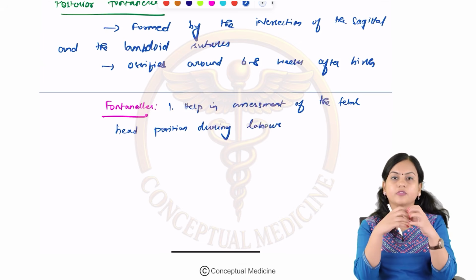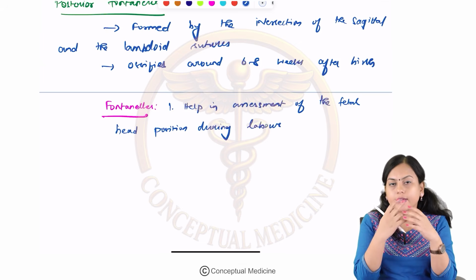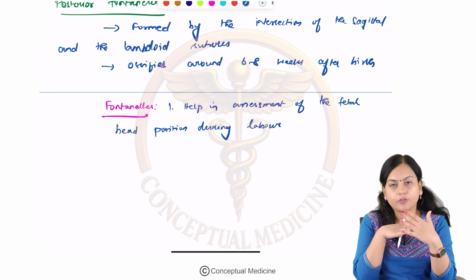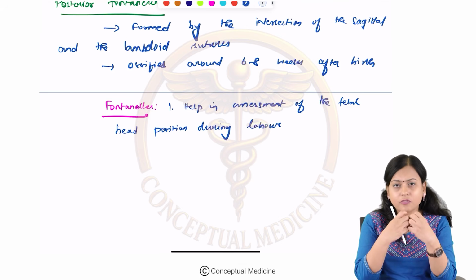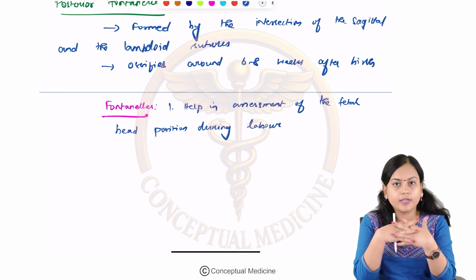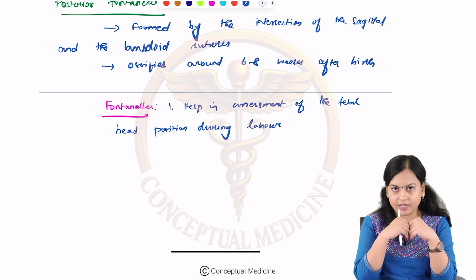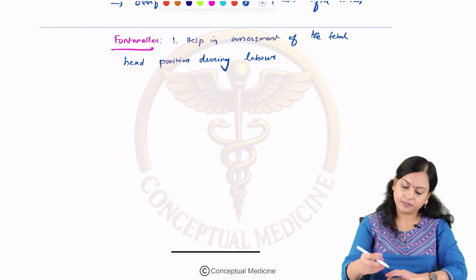Basically during labor we will be doing a per vaginal examination, and you will be trying to palpate the sutures as well as the fontanelles. We know the anterior fontanelle is the largest fontanelle and you can palpate it easily while doing a per vaginal examination. So whichever side the anterior fontanelle is present, that is considered to be the anterior aspect of the fetal head, right?